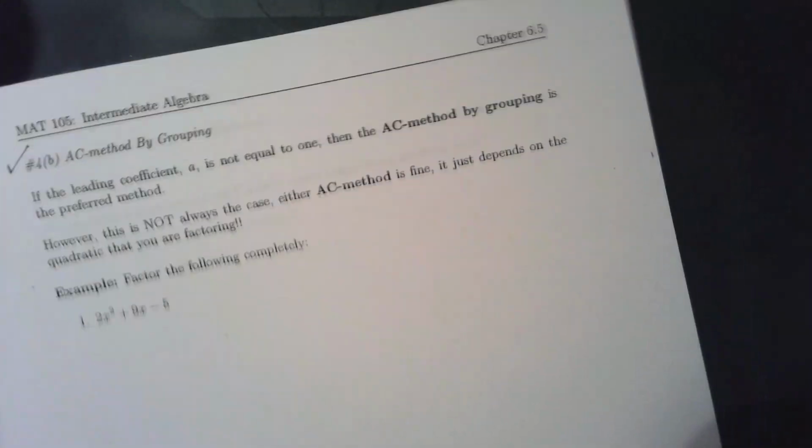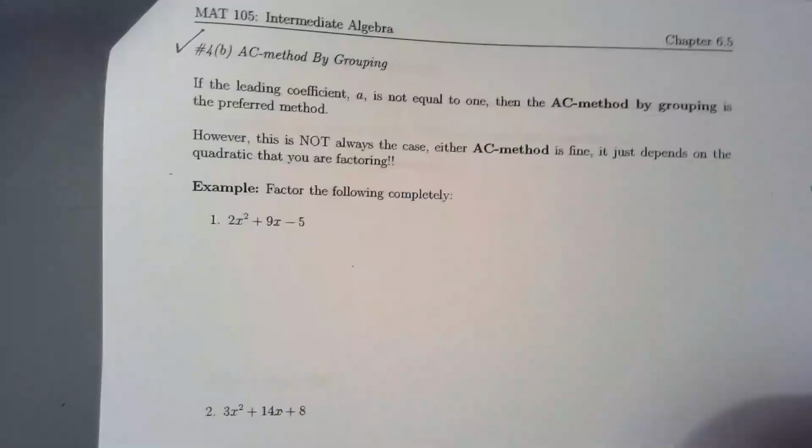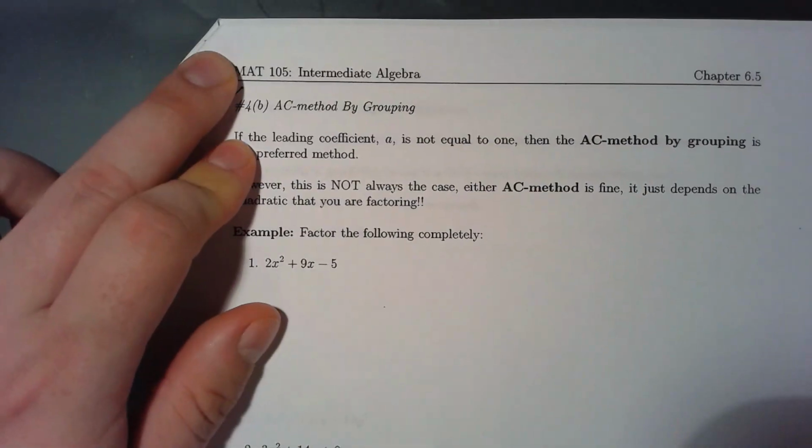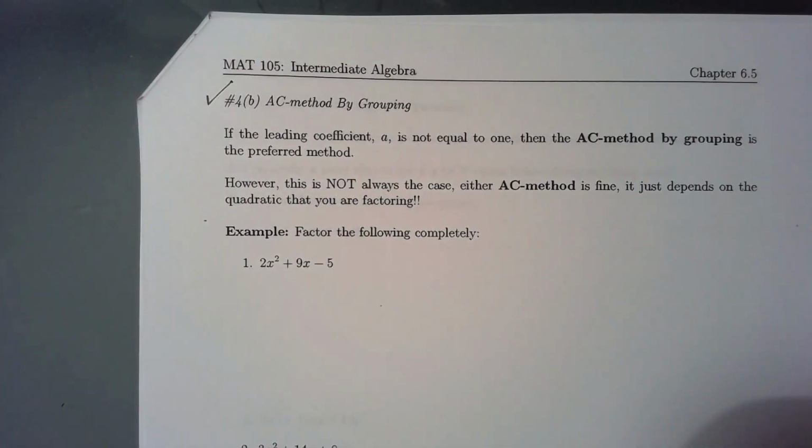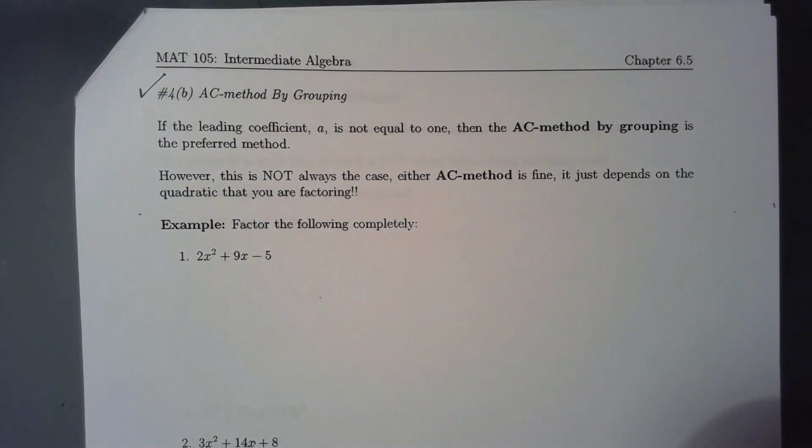What I'm going to look at now is the grouping method. So how do we factor quadratics using the AC method for grouping?